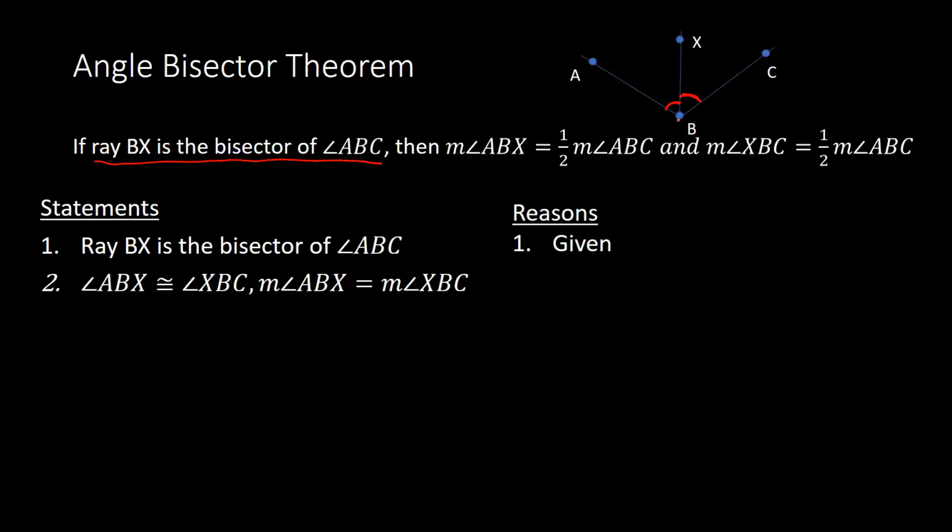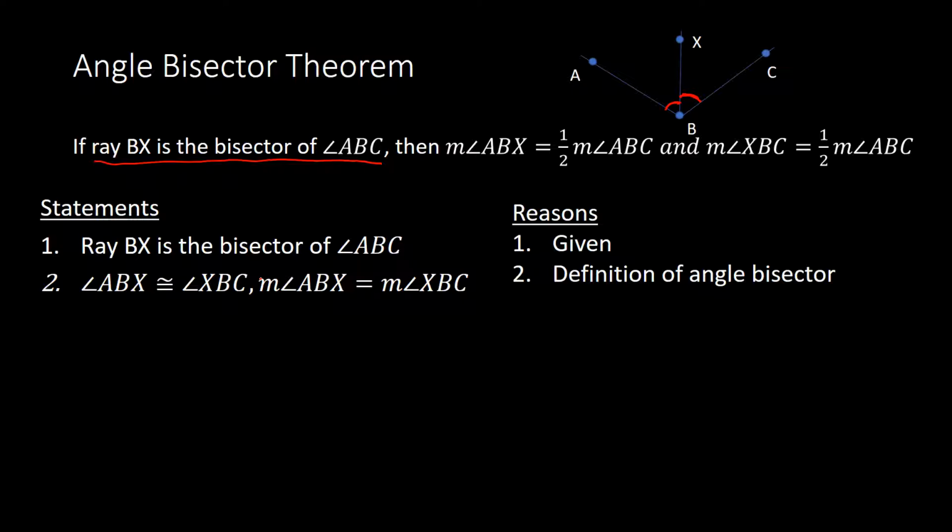Or we can also say the measures of those angles are equal. Once again, don't forget that angles are shapes, and shapes are congruent, never equal, but the measure of the angles could be equal. The measure of the angle would be a number. Numbers are equal, whereas shapes will be congruent, not equal. So the reason for that one is just because of the definition of bisector. Bisector means that we have two congruent angles.